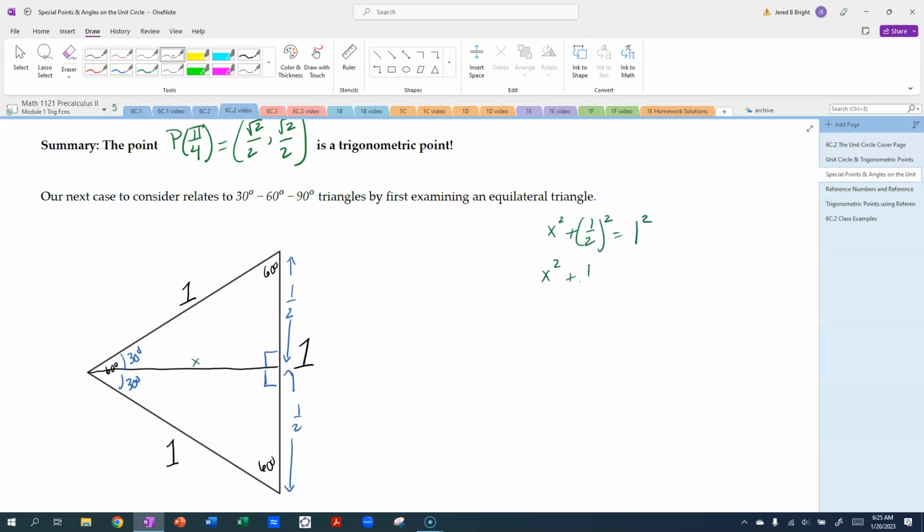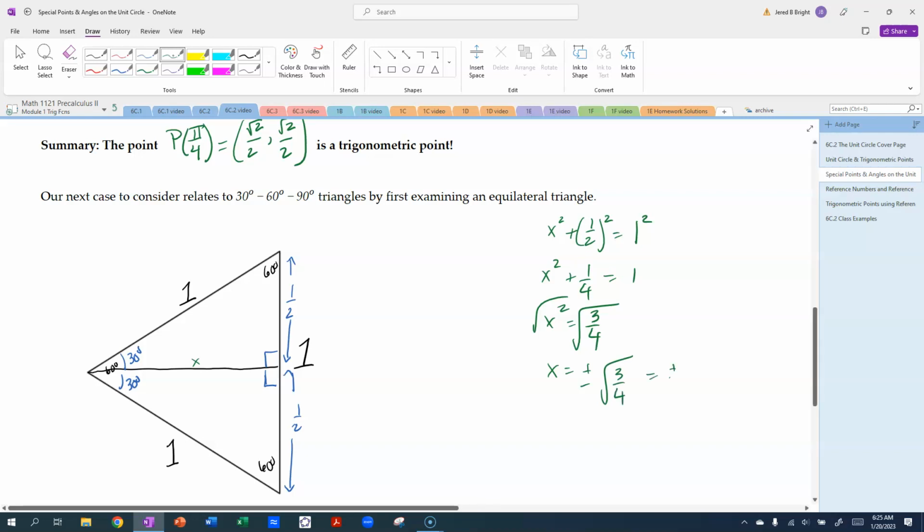So x squared plus 1/4 is equal to 1. x squared is equal to 3/4, and then square root both sides. x is equal to plus or minus square root of 3/4, which we can keep reducing: plus or minus square root of 3 over square root of 4, plus or minus square root of 3 over 2. We're talking about a triangle, so we're just going to go with the positive version. We can't have a negative side length in a physical object. Square root of 3 over 2, so this is fine.